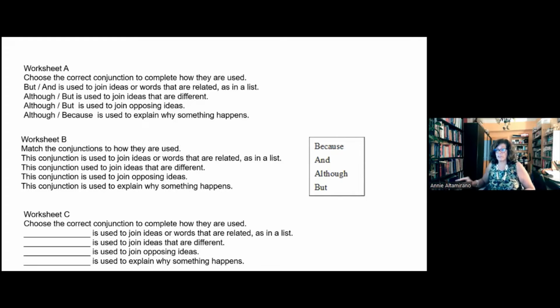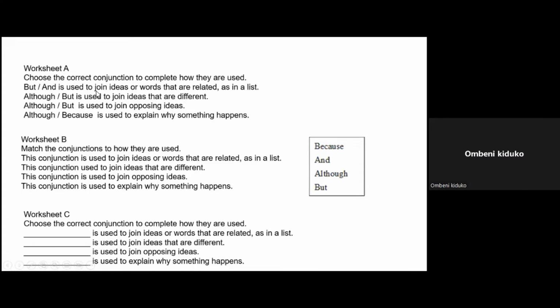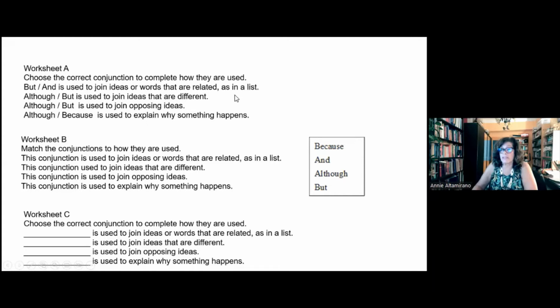So in the first worksheet, worksheet A, would be the one with the most support. So here we have sentences that there are rules, but, and, used to join ideas or words that are related, as in a list.